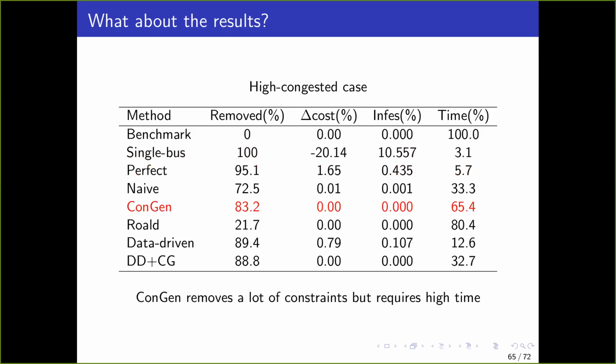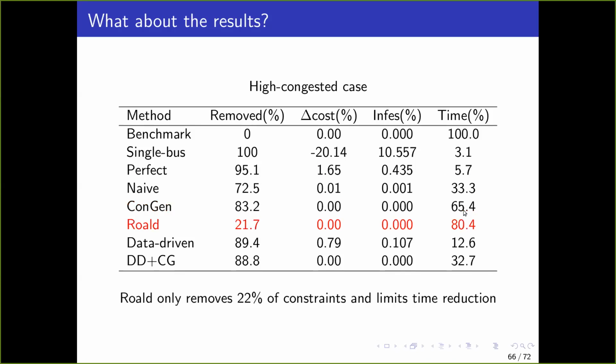And then we have the constraint generation. It's removing a lot of constraints, so 83% of the constraints are removed. We get the same solution as the original method, but the time reduction is not very remarkable. It's only 65% of the benchmark method.